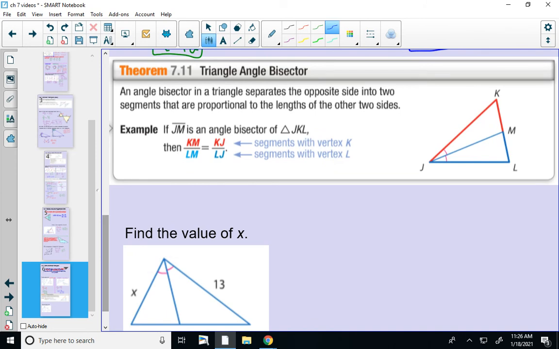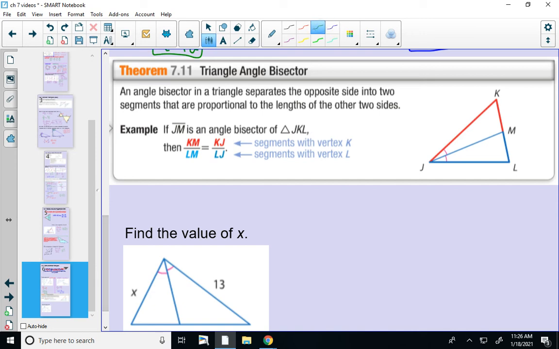All right, and then the last thing that we are doing in this chapter is the triangle angle bisector theorem. This says an angle bisector in a triangle will separate the opposite side into two segments that are proportional to the lengths of the other two sides. So in this triangle, JM looks like my angle bisector.